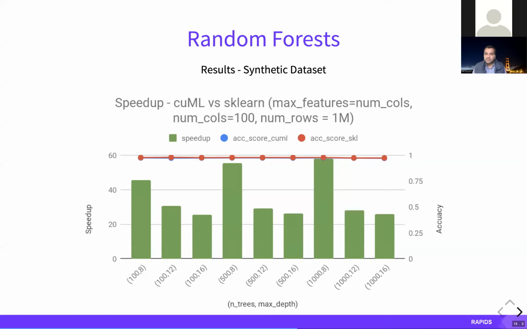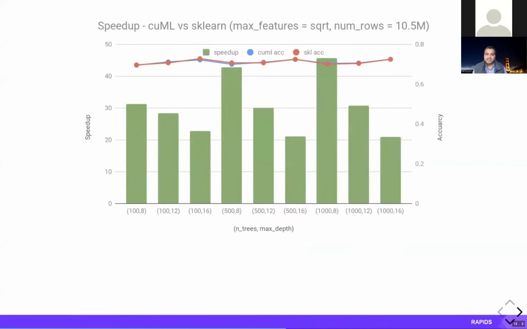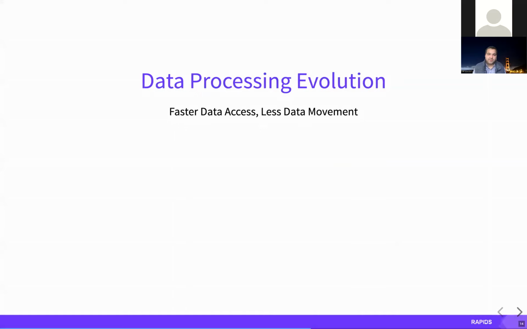It's important business value that you can't afford to miss out on. And that's where RAPIDS really shines. This is something that you can run repeatedly on your servers and get the same accuracy with so much speed up. So let's talk about what are some of the core ideas behind RAPIDS.